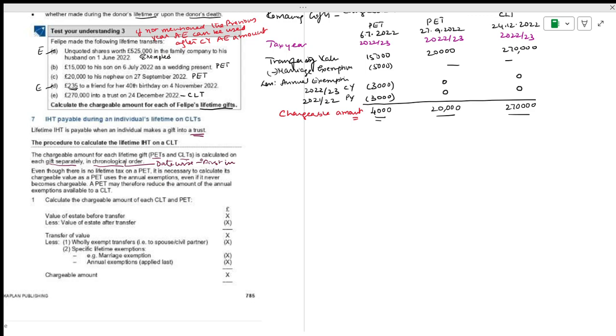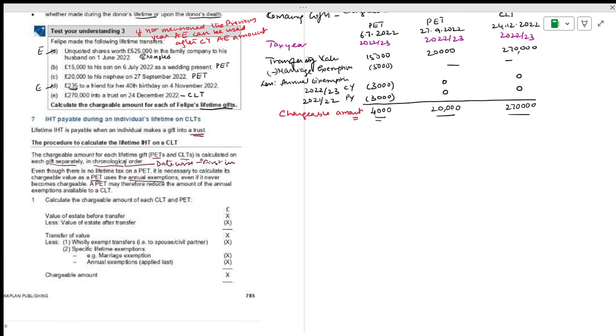Even though there is no lifetime tax, it is necessary to calculate the chargeable PET using annual exemptions. Even if it never becomes chargeable, you have to calculate the chargeable value using the annual exemptions.